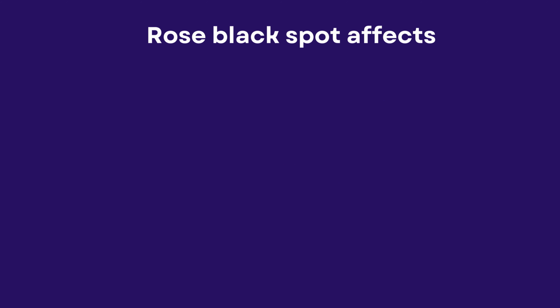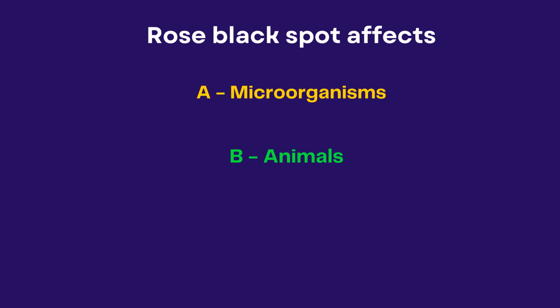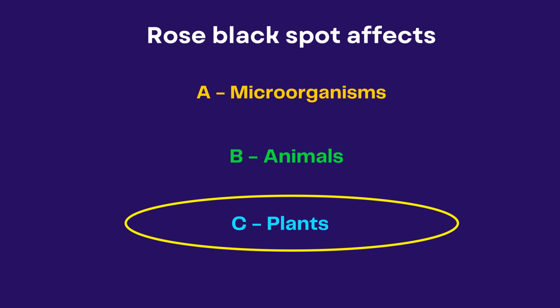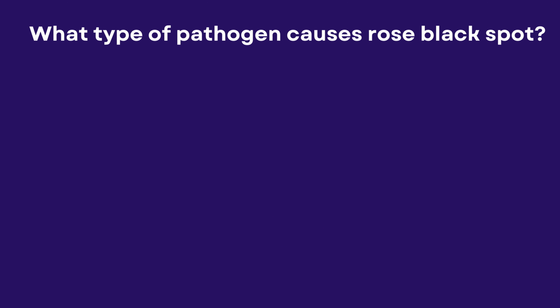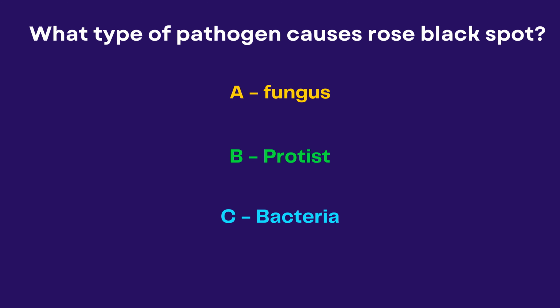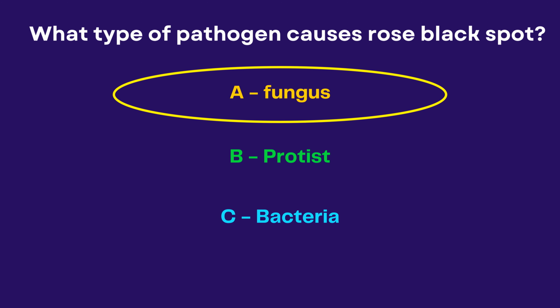Rose black spot affects A, microorganisms, B, animals, C, plants. The answer is plants. What type of pathogen causes rose black spot? Is it A, fungus, B, protist, C, bacteria? The answer is fungus.